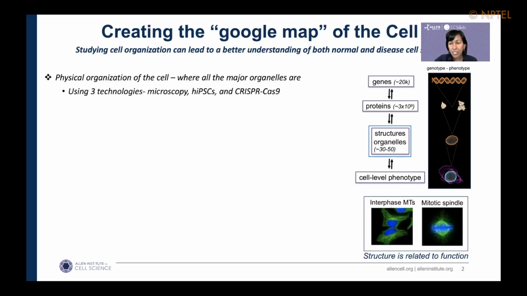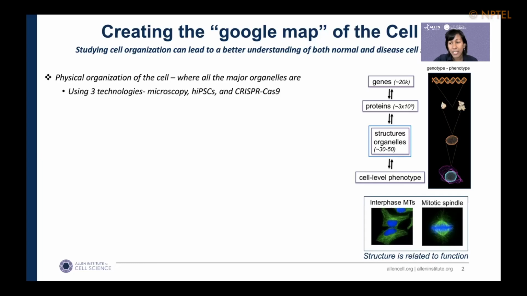So for the rest of my lecture here, I'm going to touch on three different technologies to study cell biology. One, as I mentioned just now, is microscopy. The other is human induced pluripotent stem cells, which I will get into a little bit more in a few minutes. These are the stem cells we are using.